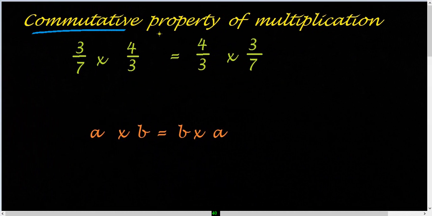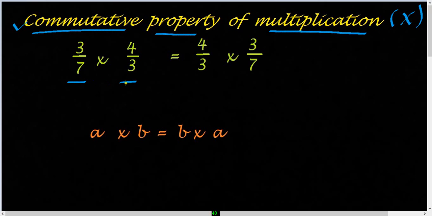Next is the commutative property of multiplication. Before that we studied addition. Now this is multiplication. You should know that when you are talking about the commutative property, two rational numbers are included. That is 3 upon 7 multiplied by 4 upon 3. There are two rational numbers.